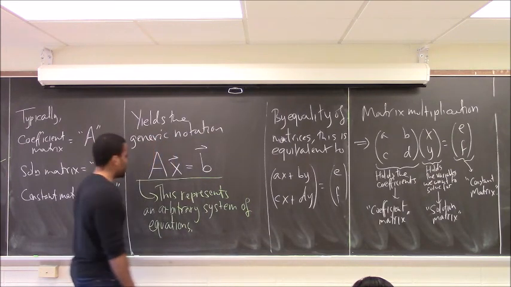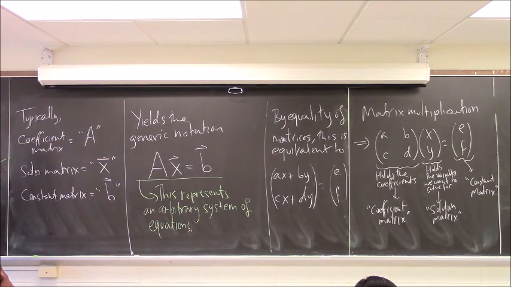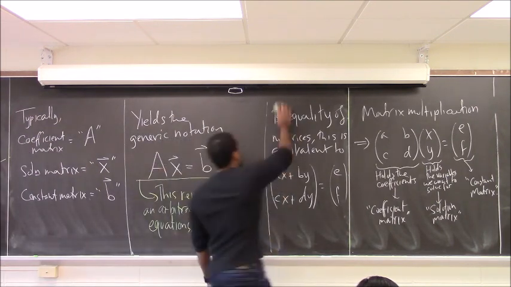Now, when a system of equations is written in this form, we call it a matrix equation. It has matrices.